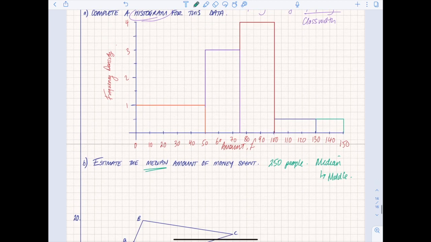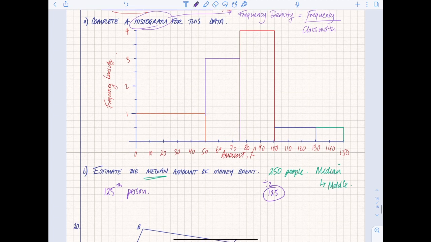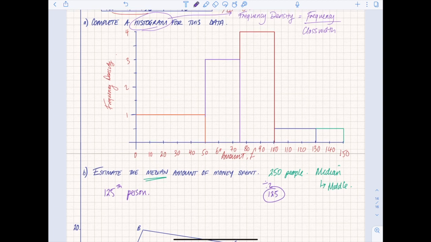Now, out of 250 people, this is an estimate. So divide that by 2, you're talking about 125. I need to find the 125th person in this histogram, because the median is the middle, 250 people, divide that by 2 is 125.